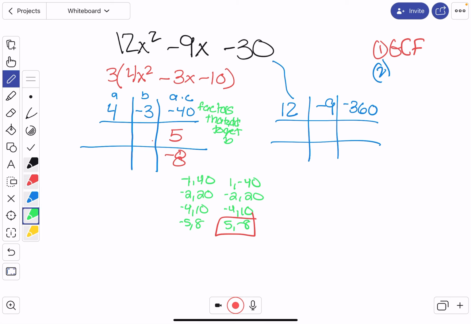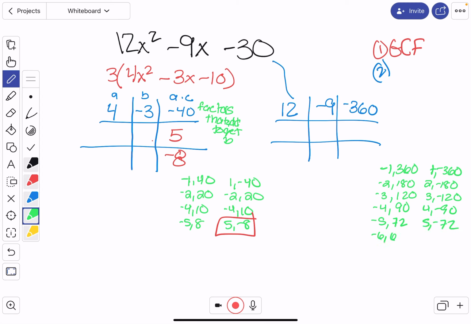So if I did the same thing over here, we'd have 1 and 360. We'd have 2 and 180. We'd have 3 and 120. We'd have 4 and 90. We'd have 5 and 72. We'd have 6 and 60. We'd have 8.